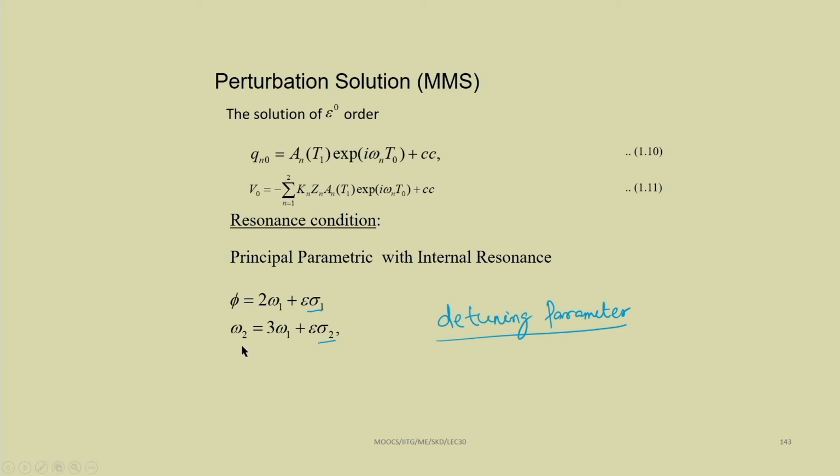Similarly, sigma 2 gives the nearness of the second mode frequency to 3 times the first mode frequency.